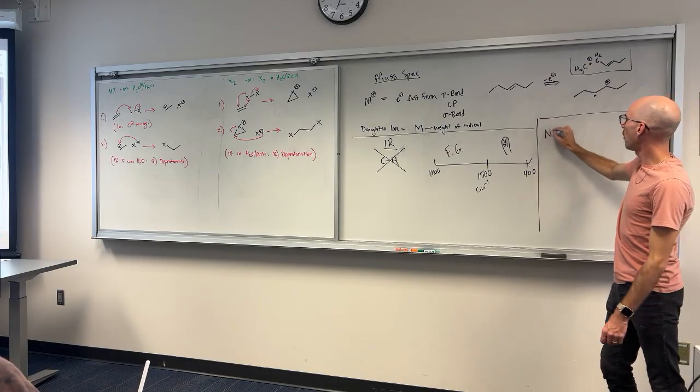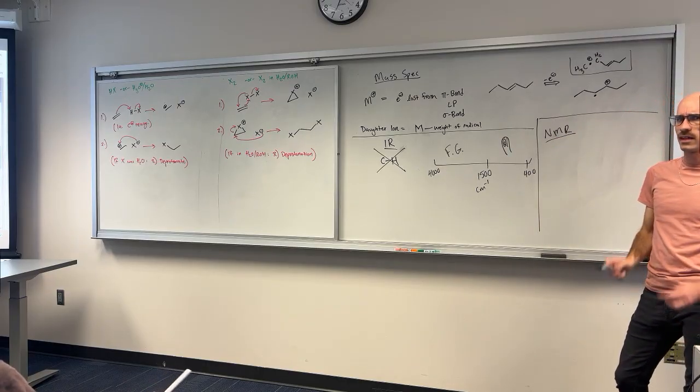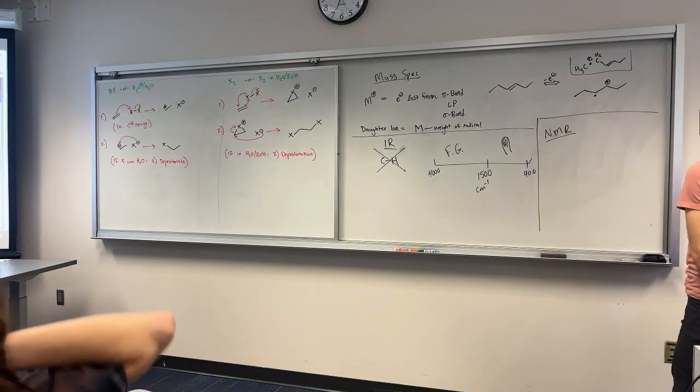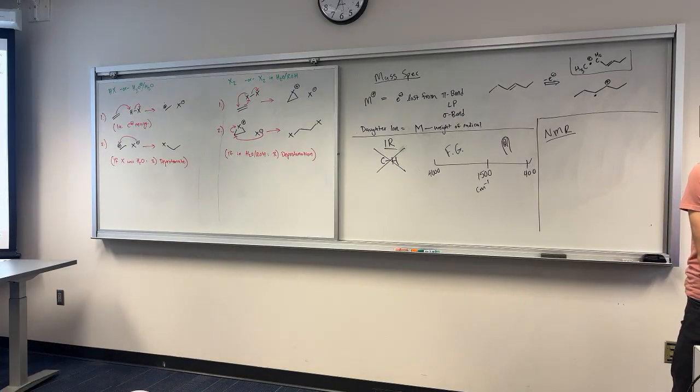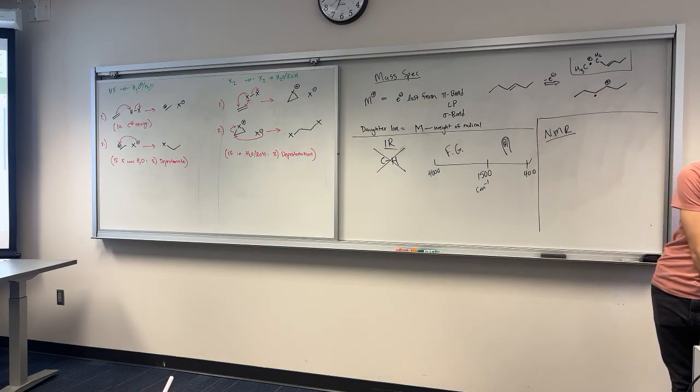Now, the one that I always end up having the least amount of time to talk about, NMR. And remember, there's that playlist where you can learn more about it. NMR, nuclear magnetic resonance, actually provides the most information about a compound. And its spectrum ranges from 0 to 12.